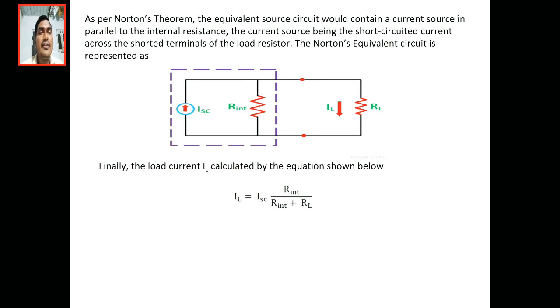Here the total current is the short circuit current, times the internal resistance, which is opposite to RL, divided by R internal plus RL. In this way we find the load current through the load resistor using Norton's theorem.